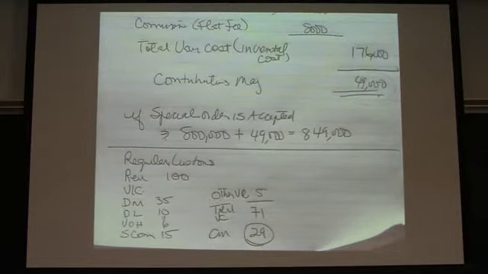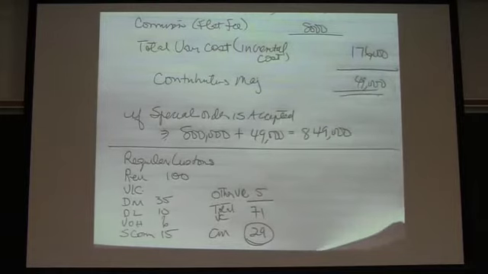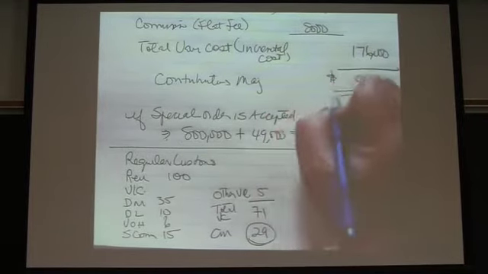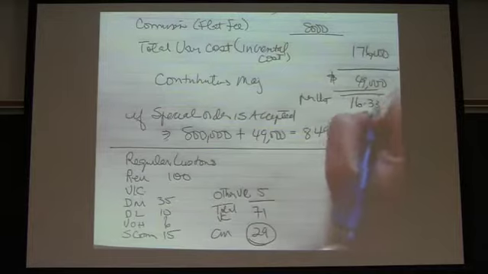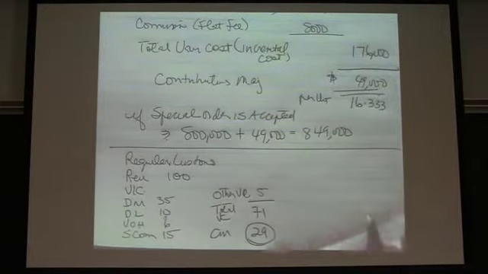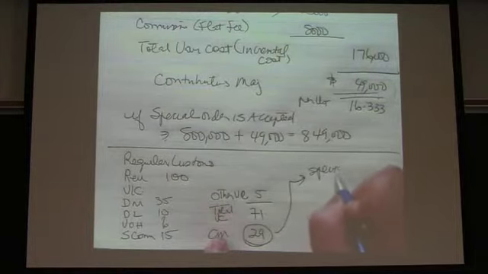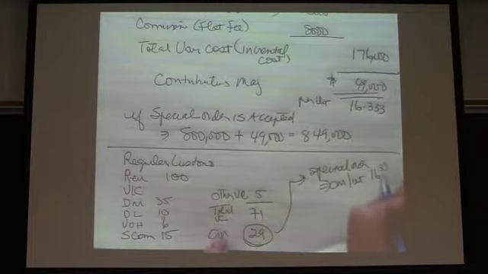So $29 versus the contribution margin of 49 divided by 3, which per unit is going to be $16.33. So right now, the special order is going to generate a contribution margin per unit of $16.33.